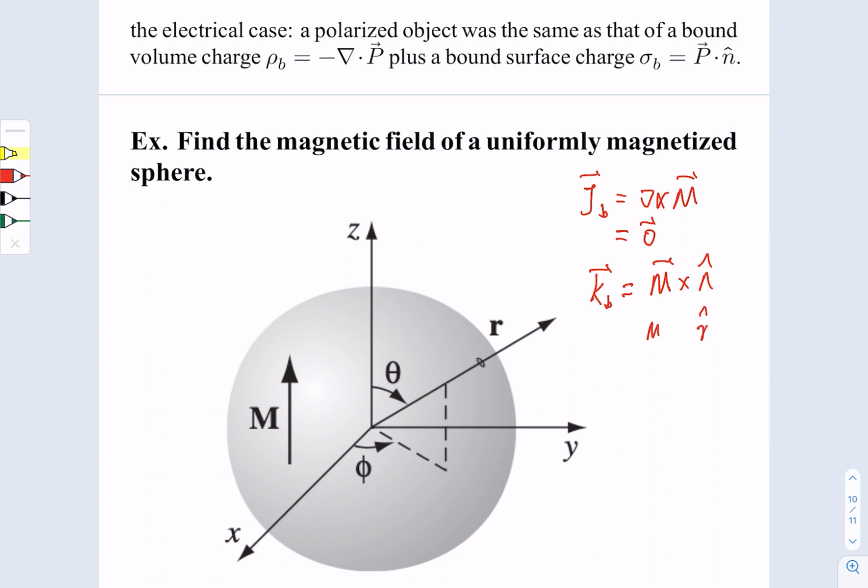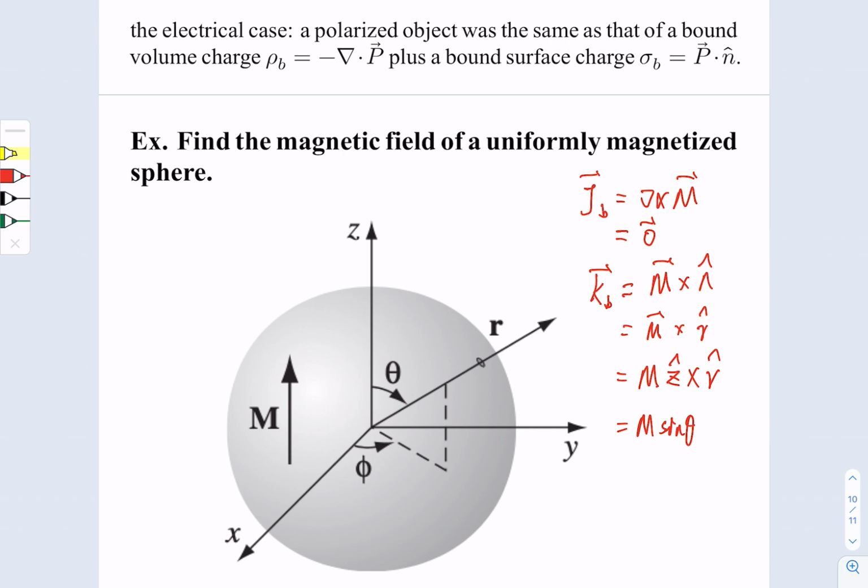So that gives M cross r hat. Here M is along the z axis, so it's the magnitude of M times z hat cross r hat. The angle between z and r is theta, so the amplitude should be M sine theta.